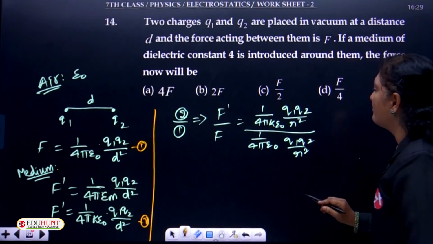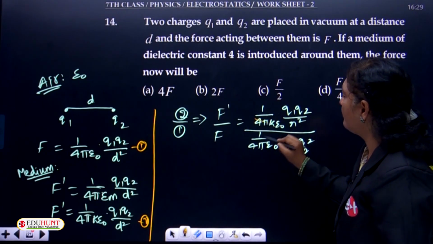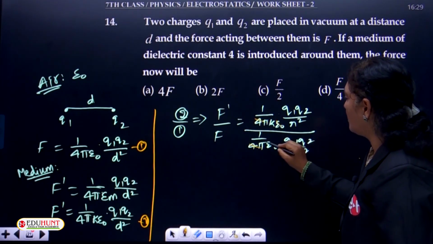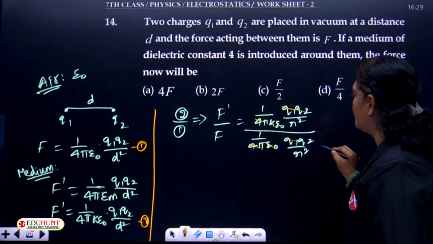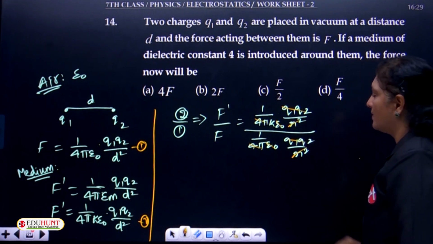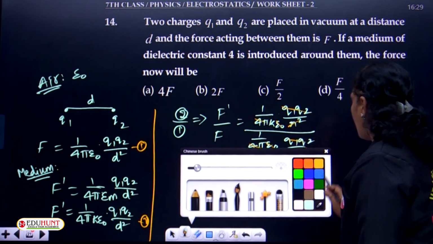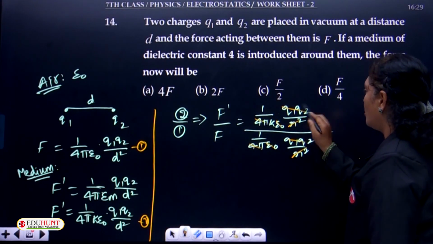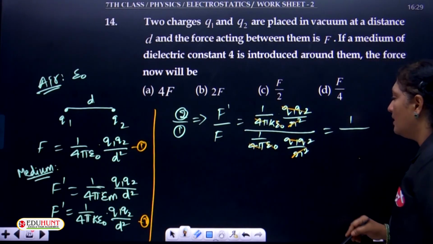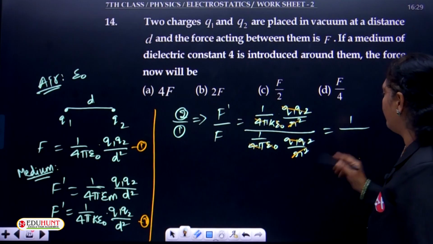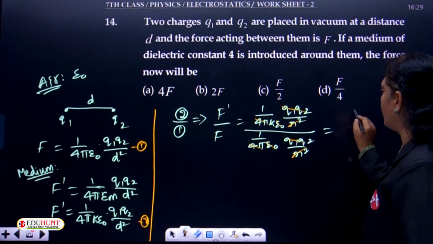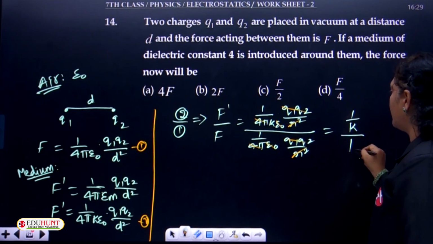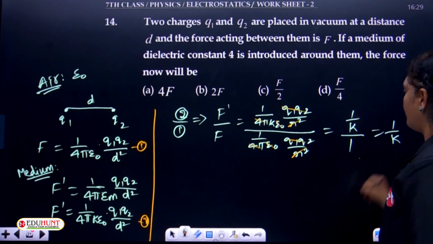Simplifying carefully, 4 pi gets cancelled, epsilon naught, Q1 Q2 and r square also get cancelled. So finally we have 1 by K.